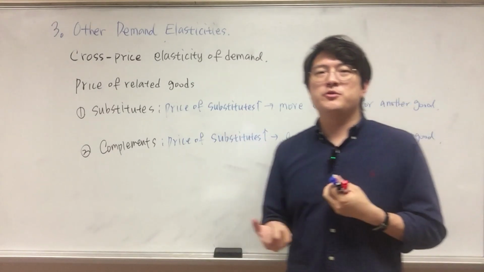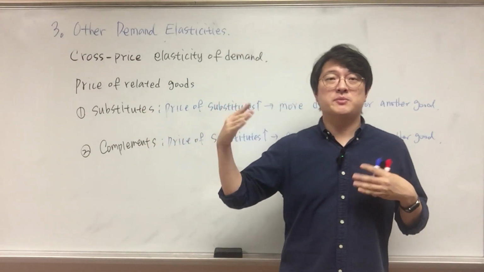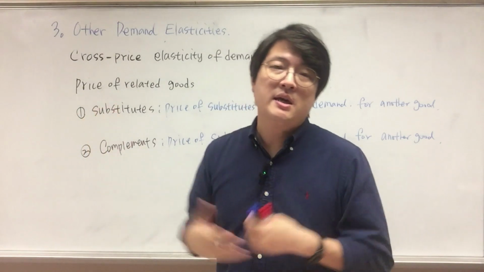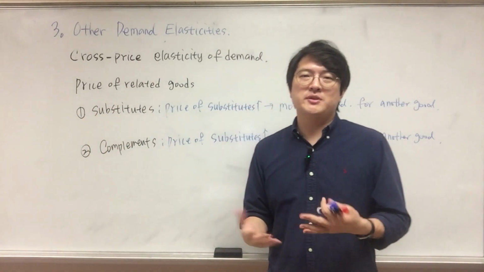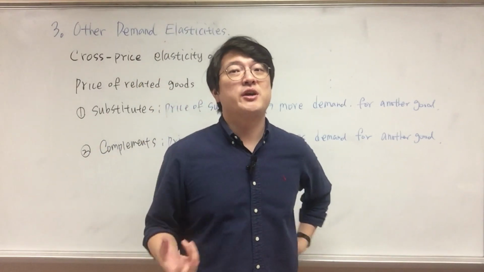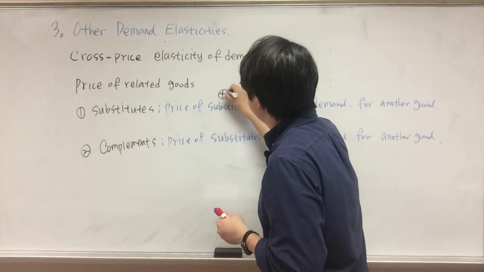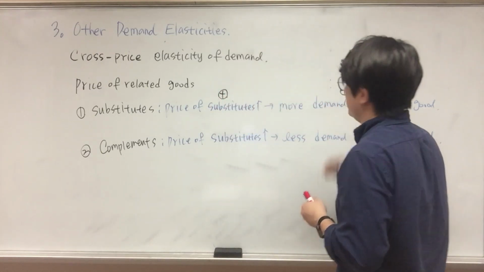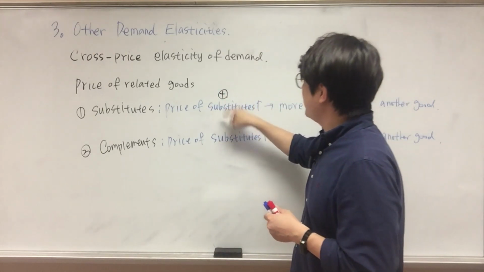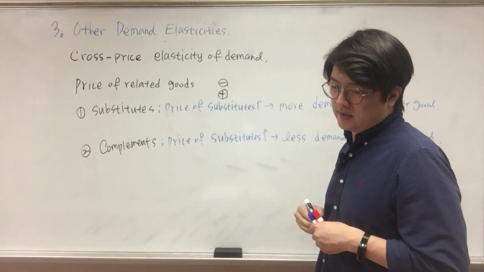As for the substitution goods, the demand for other products increases as the price of substitute products increases. So the price of the substitute and the demand for other products move in the same direction. In this case, here is plus and plus, and if here is minus and minus, correct?